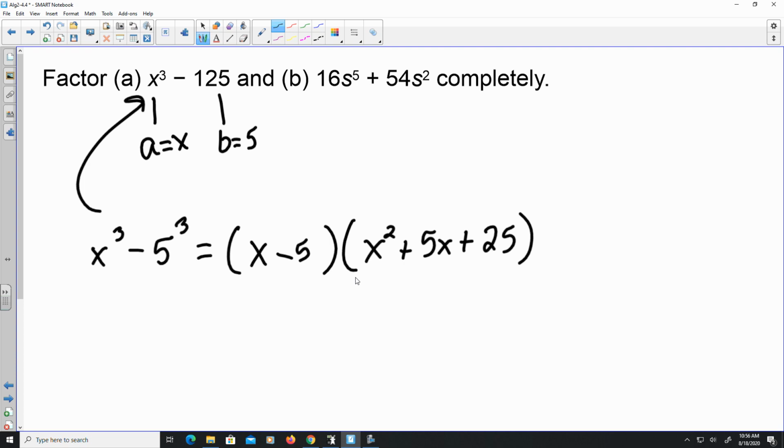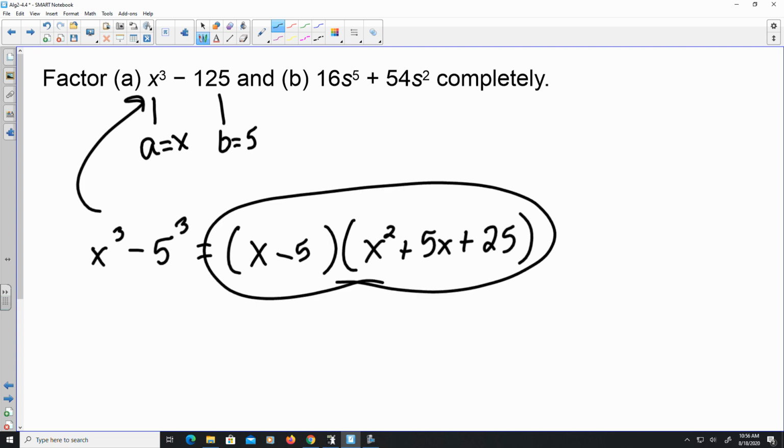Now you may attempt to factor x squared plus 5x plus 25, but you cannot, because there are no two values that give you a product of 25 but a sum of 5. So this is your completely factored polynomial.